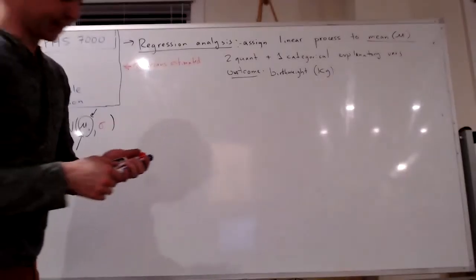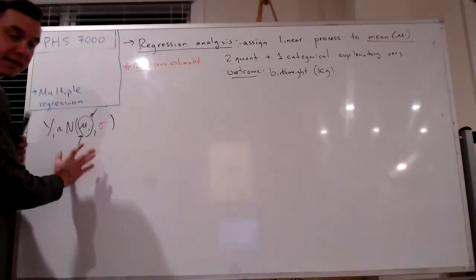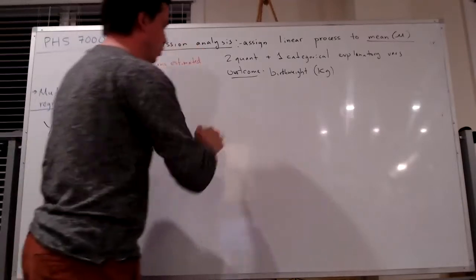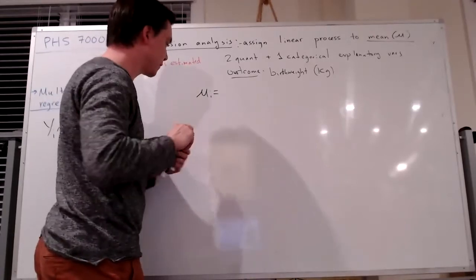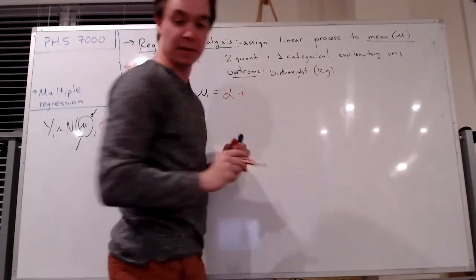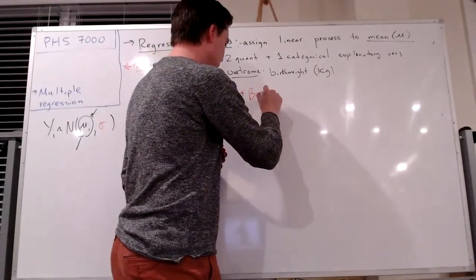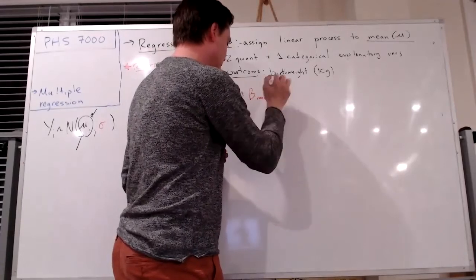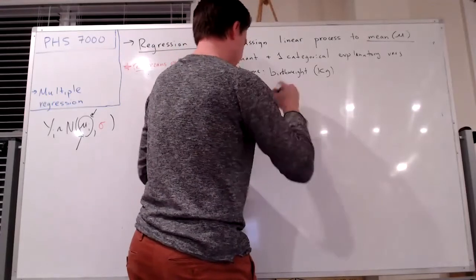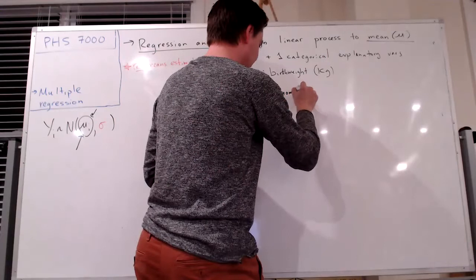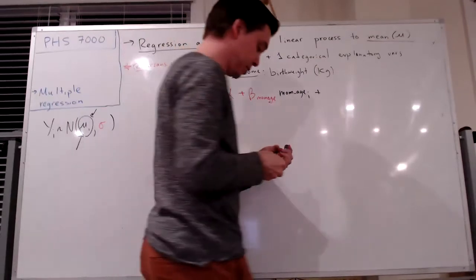So what we have then is, I don't touch this, this stays the same. I'm assuming that birth weight is normally distributed. And then my mean is, in terms of Greek notation first, alpha plus I have maternal age, plus I have gestational age.